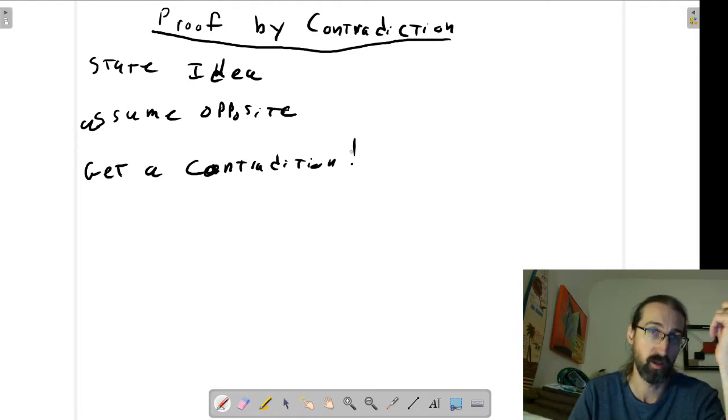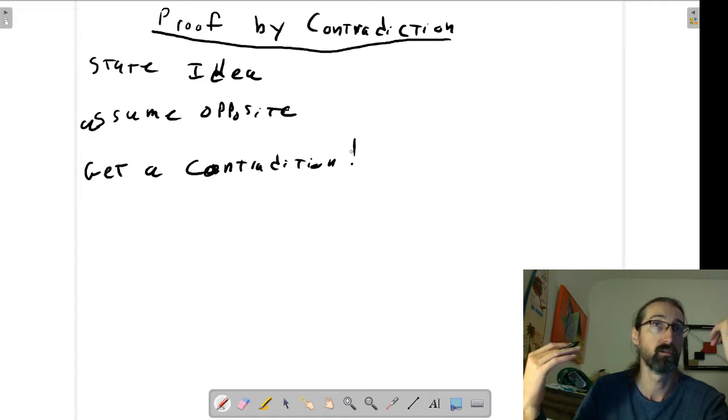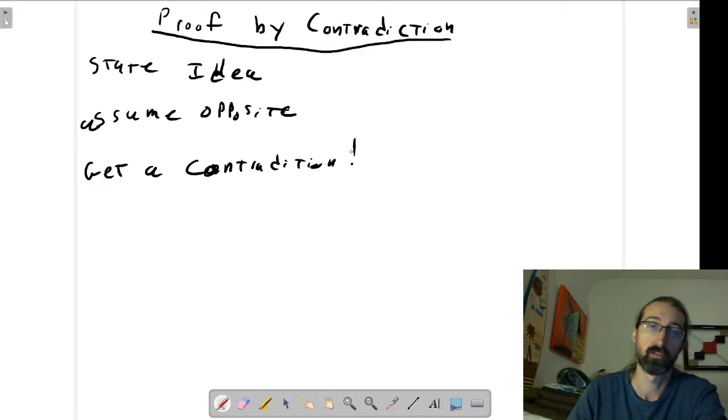That's the idea of a proof by contradiction. You assume something, you try to prove the opposite of it, you show that proving the opposite doesn't work, comes up with something that is wrong, and because the opposite is wrong, your idea had to be right. So let me show you an example of a proof by contradiction.